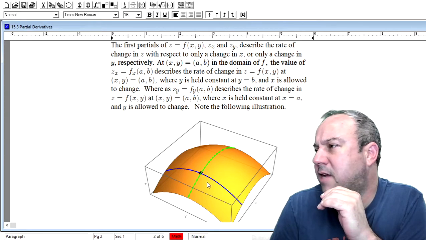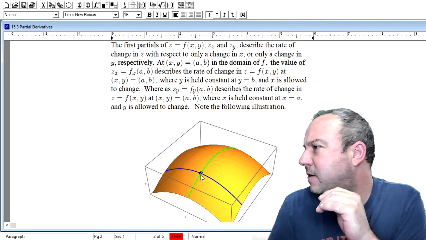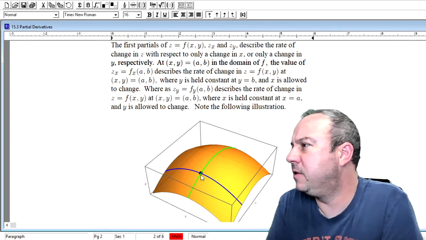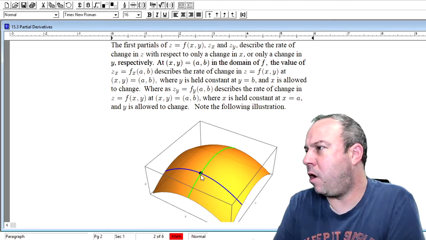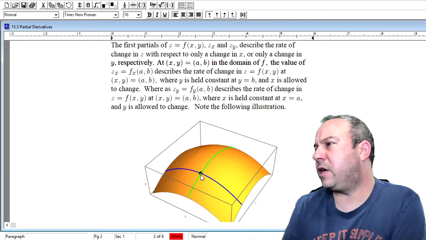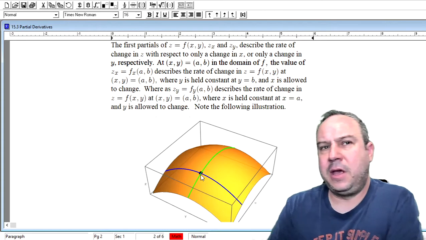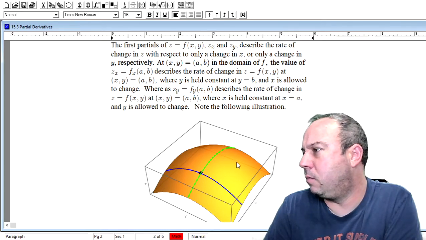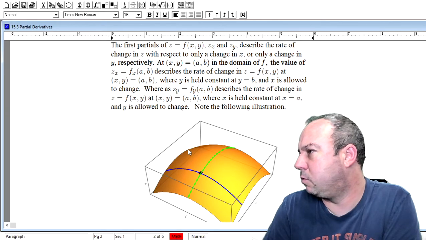But at times you may want to pass through that point on your journey as you walk around on that surface. And when I say pass through that point, you can actually pass through that point in any infinite direction. You could pass from that point coming down here from this lower corner moving up to this right corner over here. Or maybe you're coming down from this lower corner here and passing up through the surface here.